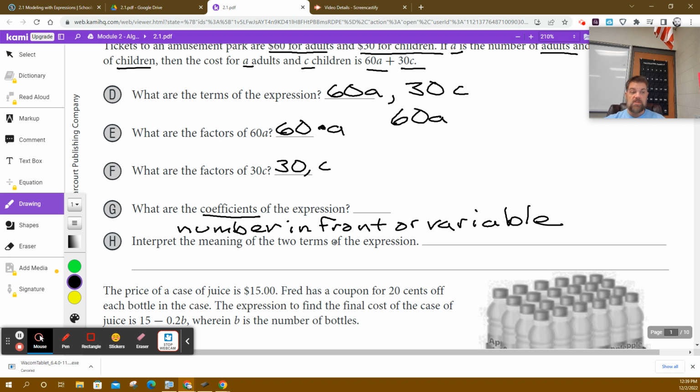Look at the expression. So what we're talking about is the expression. Are there numbers in front of the letters? What are those numbers? I'm waiting for somebody to say them.